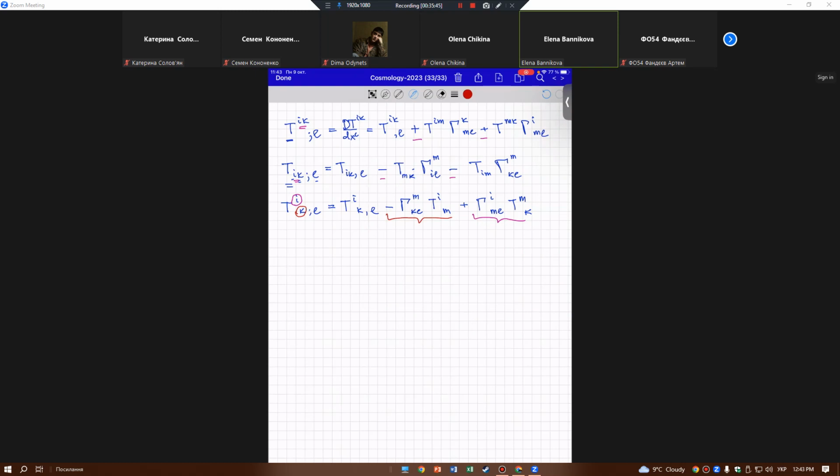So this is the main idea. Why for the mixed tensor do we have a minus and plus? Because one component is a covariant and another a contravariant index. So I hope I give an answer to your question.